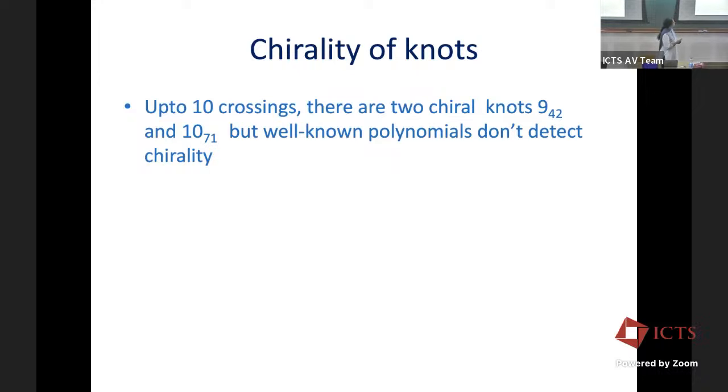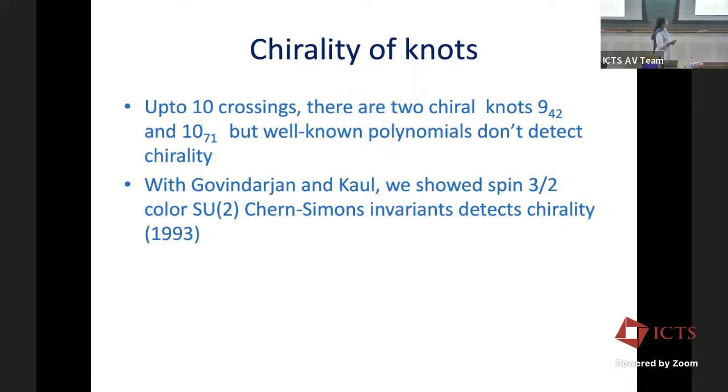But when we went to 10 crossings, if you take chiral knots and take the mirror of the knot, and you get the same polynomial, then you know the chirality is not detected, because the knot and the mirror knot, I know they are different. So we took spin 3/2 here and we showed that spin 3/2 can distinguish 9_42 from its mirror image. Similarly, 10_71 from its mirror image.